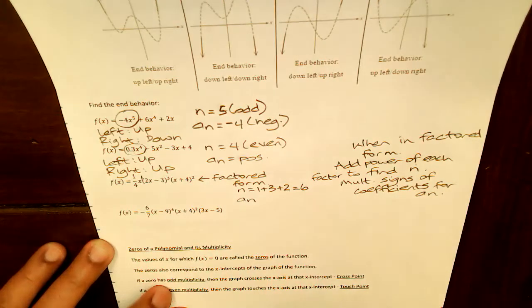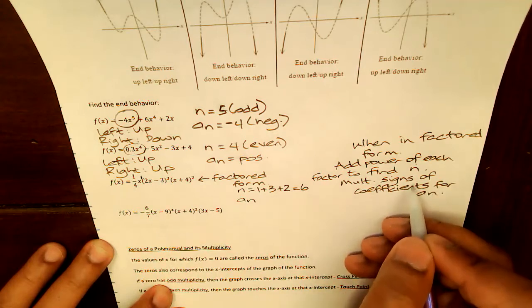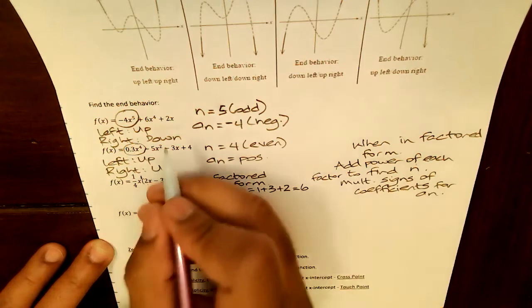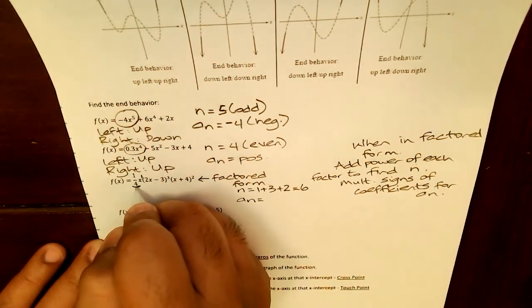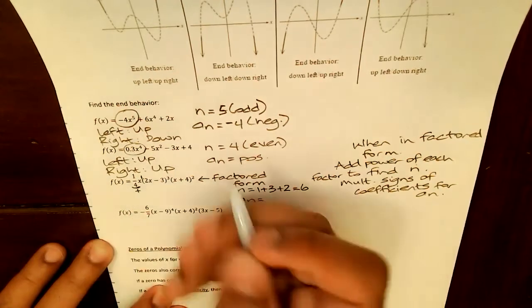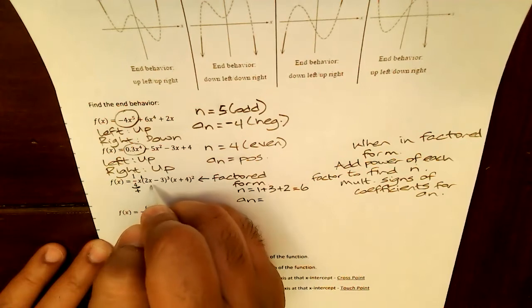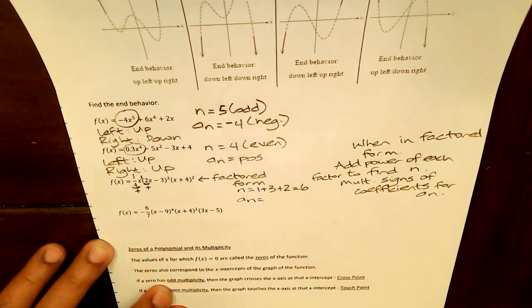And now for an, we are going to look at the signs of the coefficients. The coefficients means the numbers that are in front. So in front of this x, I have 1/4. That's a positive number. In front of this x, I have 2, which is again a positive number.